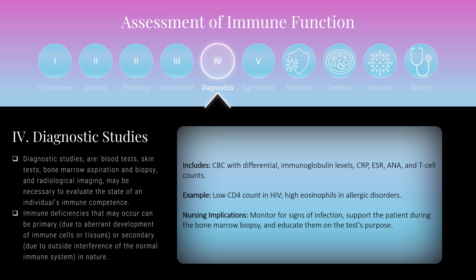Also, we have immune deficiencies that may occur, which can be primary due to aberrant development of immune cells or tissue, or secondary due to outside interference of the normal immune system.